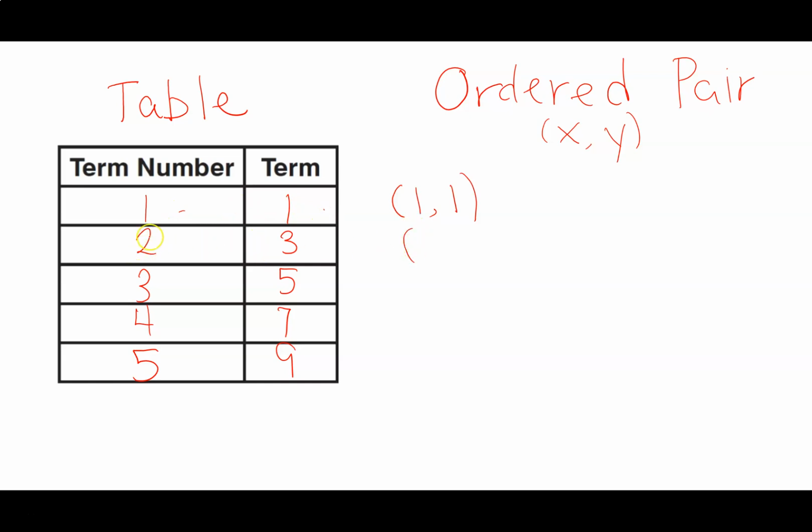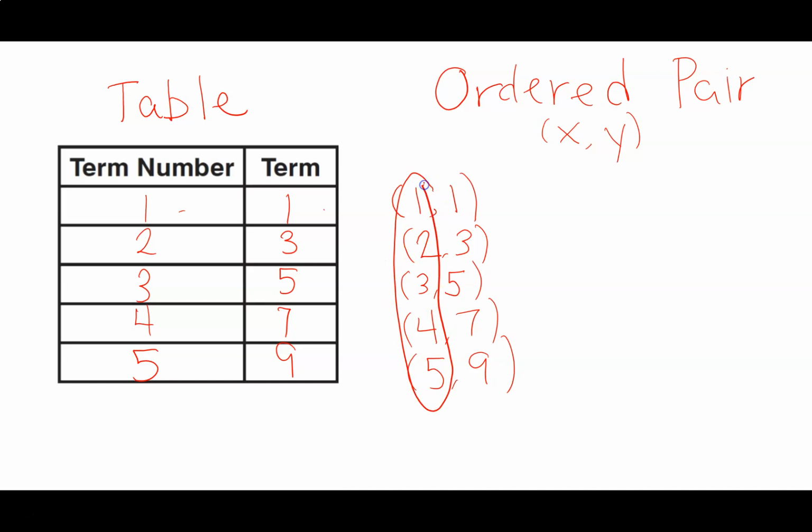Our next term number is 2 because it's the second number, and the second number is 3. Then we have 3, 5, 4, 7, and finally 5, 9. Again, notice that the first digit, or the x digit, is simply increasing by 1 or counting from 1. 1, 2, 3, 4, 5.